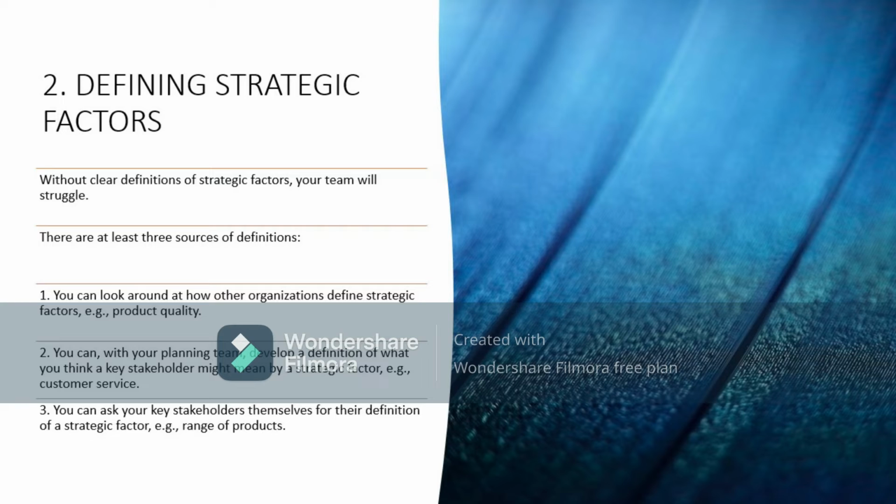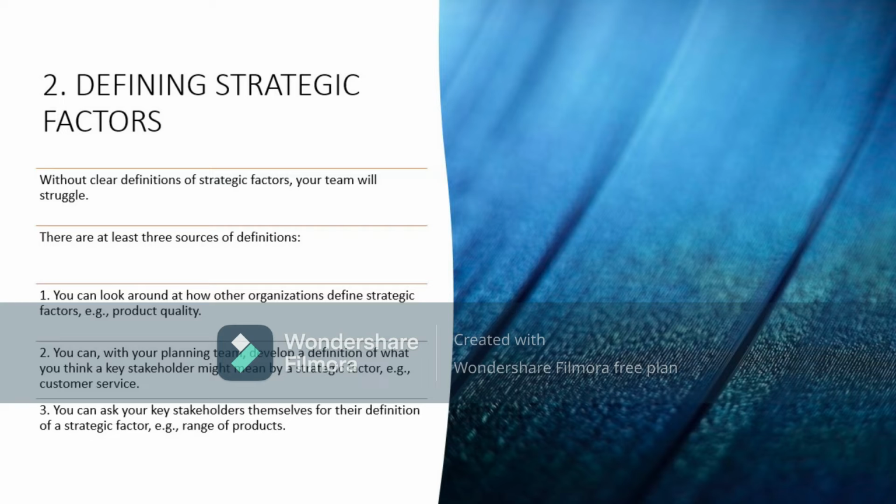Let's now look at how we might develop definitions of the strategic factors relevant to your organization's key stakeholders. There are at least 3 sources of definitions. Number 1, you can look around at how other organizations define strategic factors. For example, product quality.